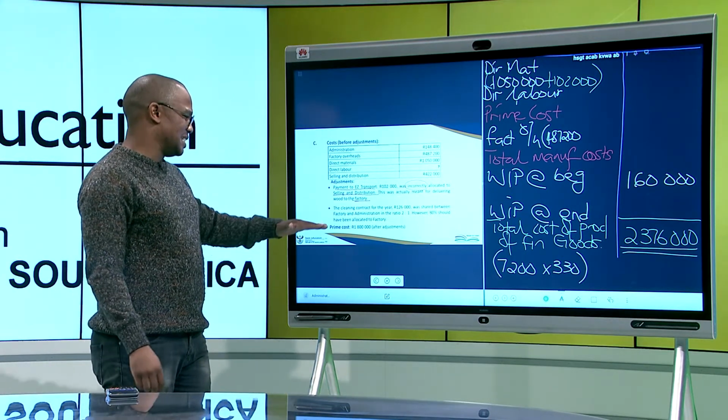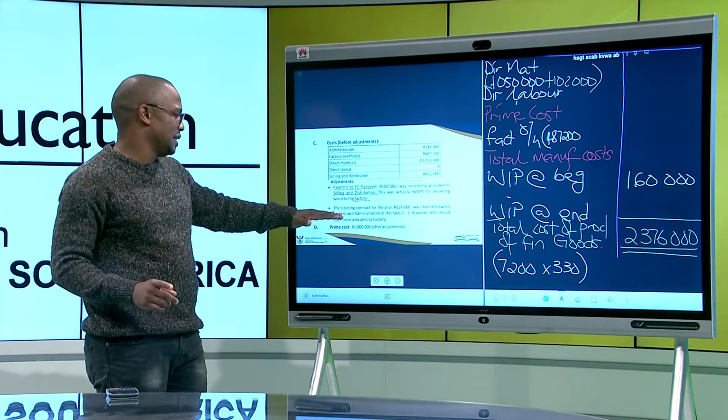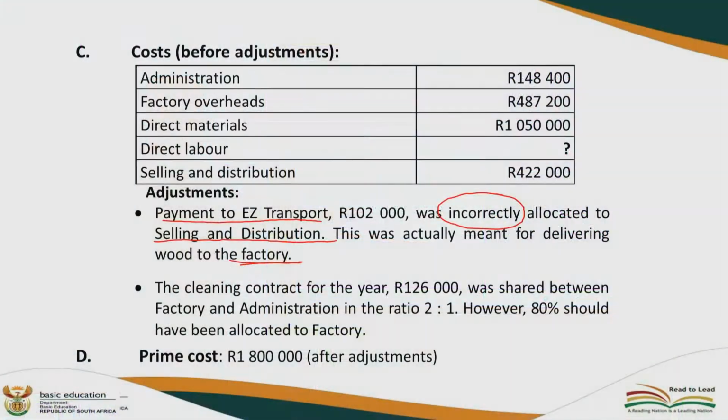They say the cleaning contract for the year, it was 126,000 rand. Was shared between what? Factory and administration. Factory is number one, and administration is number two, in the ratio 2:1. What does that mean?